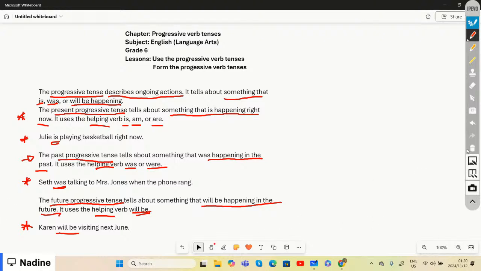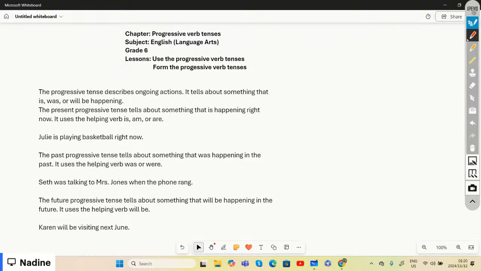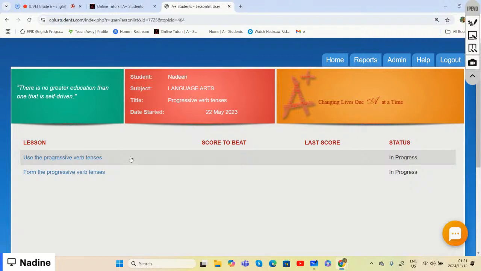So now we're going to aplusstudents.ca, and we're going to use the progressive verb tenses. And then we're going to form the progressive verb tenses. All right.